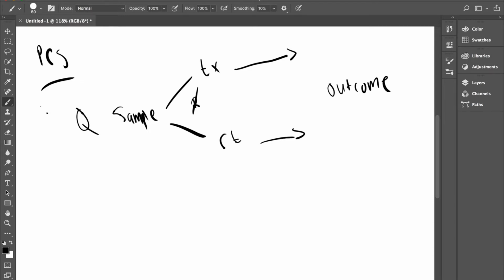So because of the lack of randomization in a prospective cohort study and a lack of allocation concealment, there's a risk of selection bias, as opposed to potentially RCTs when we try to reduce that selection bias by performing that allocation concealment and having that random sequence generation going on, right?